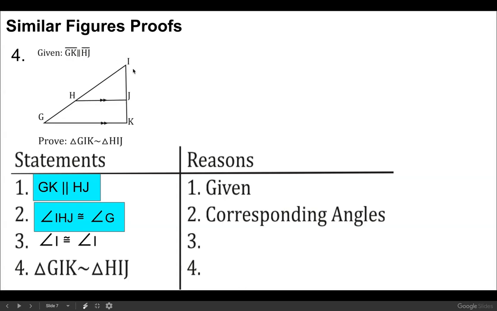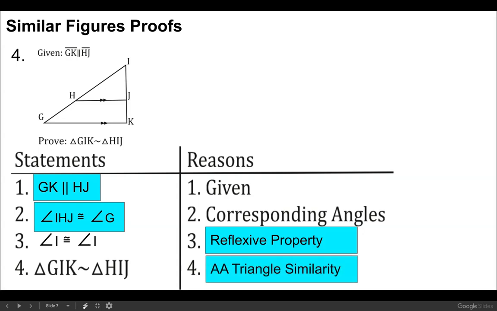So that is a shared angle in both triangles. That is called the reflexive property when an angle is congruent to itself. And anything that is congruent to itself would be the reflexive property. So that is enough to prove the similarity because we have angle, angle. That is our reasoning to say that these triangles are similar.